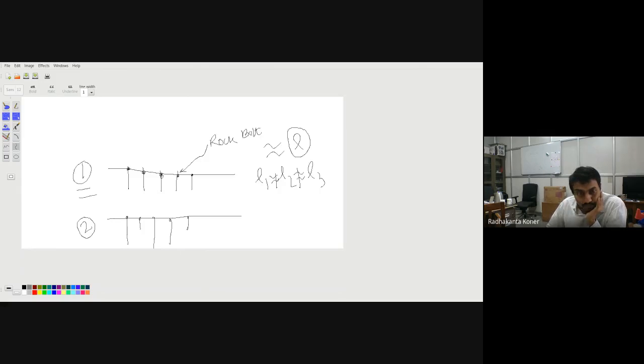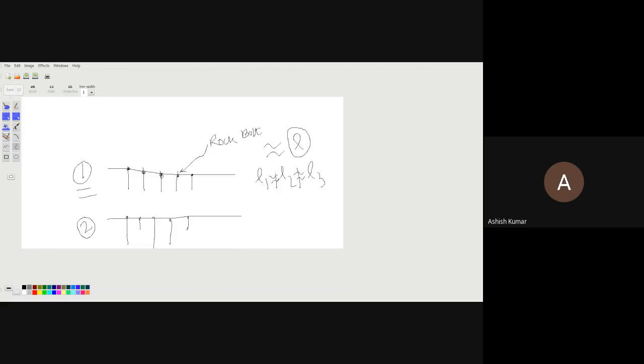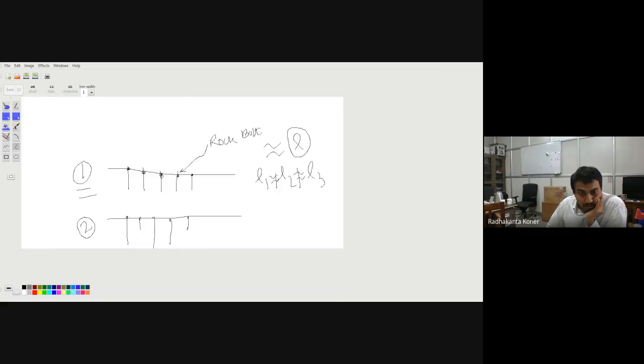Ashish? I think shear failure will happen. Where will the shear failure occur? This is a slope face, because we are installing bolts in such a way.